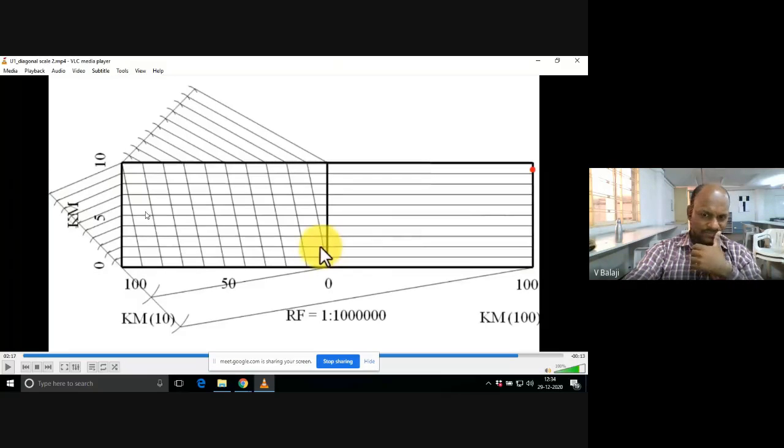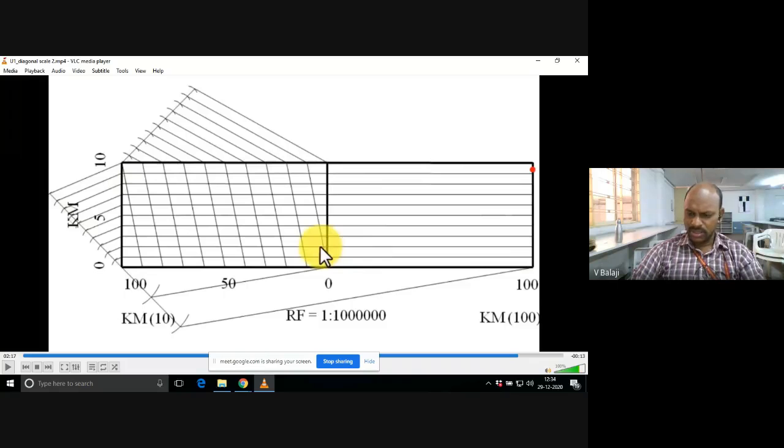Yes or no? On the right hand side of the 0 mark there are 100 kilometers. On the left hand side of the 0 mark also some kilometers are there. The vertical height we have also divided into 10 parts. Each part will be 1 kilometer only. All kilometers. So even though a diagonal scale is meant for kilometer, hectometer, and decameter, or some other unit system, sometimes this happens.